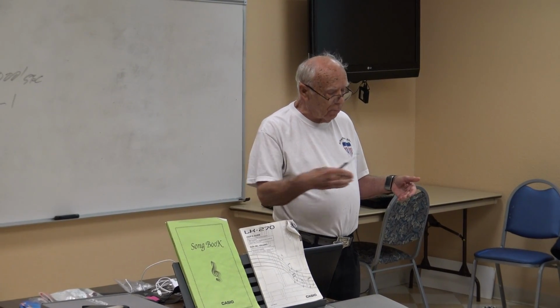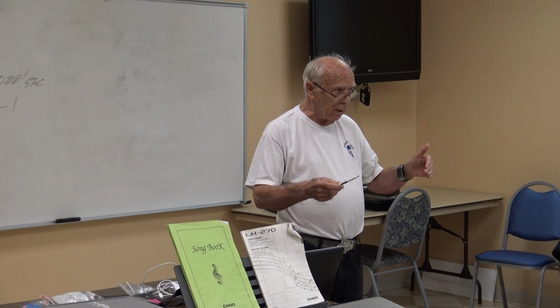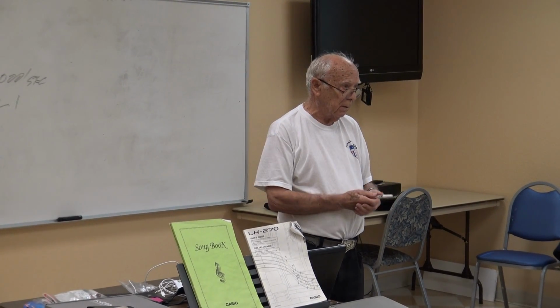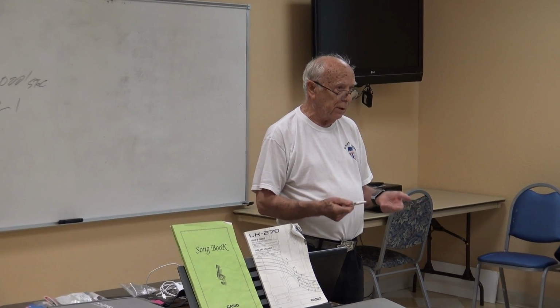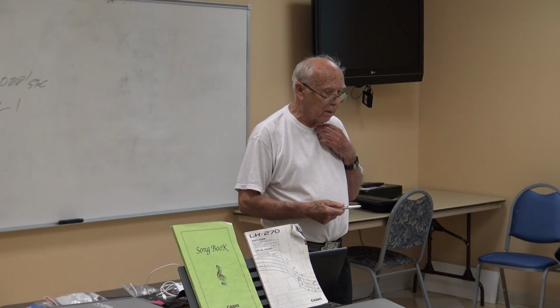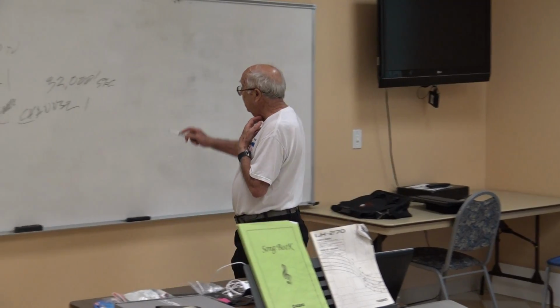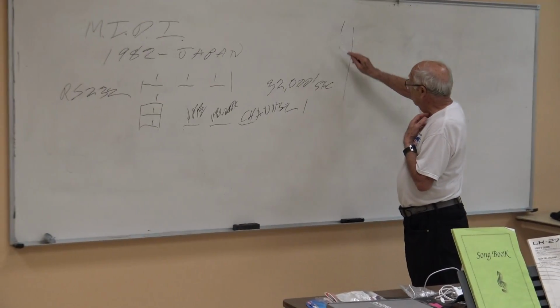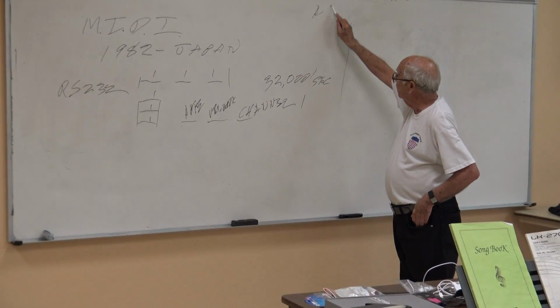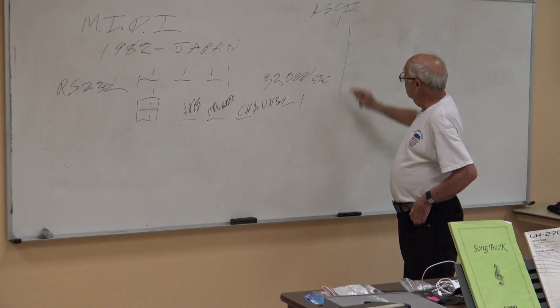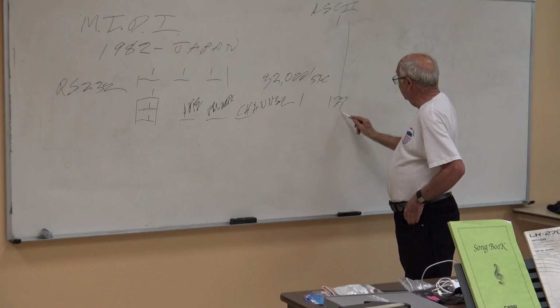The accordion had, you push a button, you've got a voice. So the voices are the instrument sounds. A fiddle is a voice. A piano is a voice. A flute is a voice. A trumpet, a clarinet. So in the MIDI world, again, almost everything in the ASCII world goes from 1 to 127.